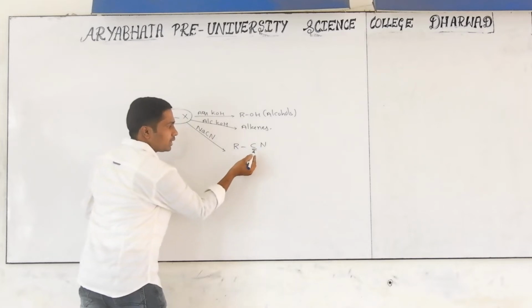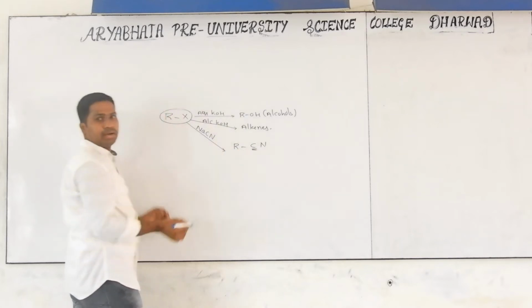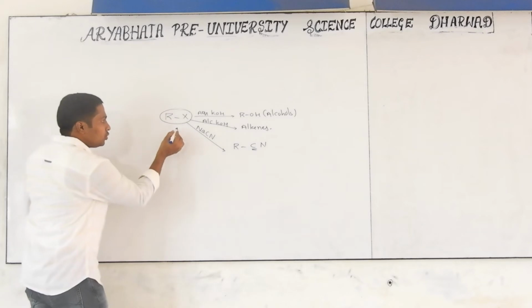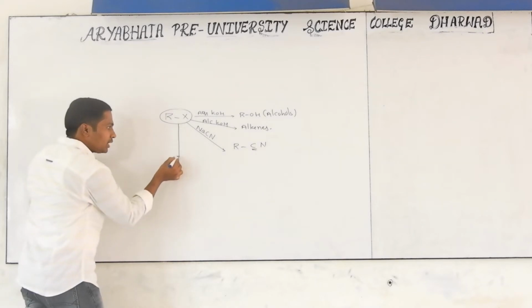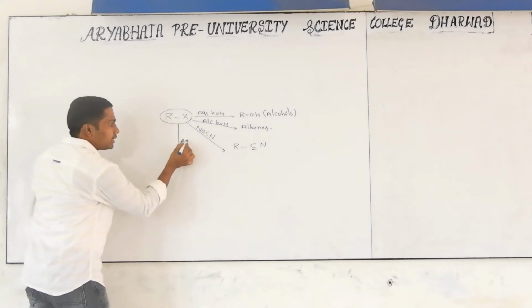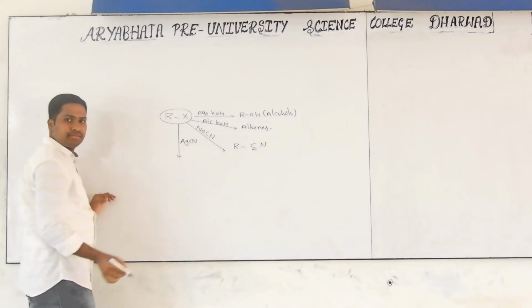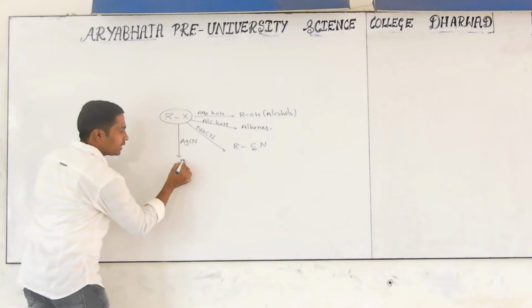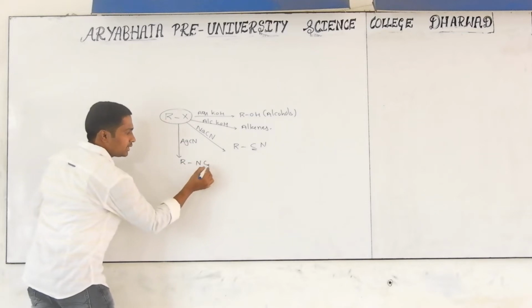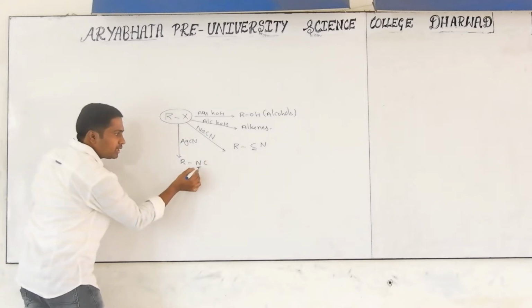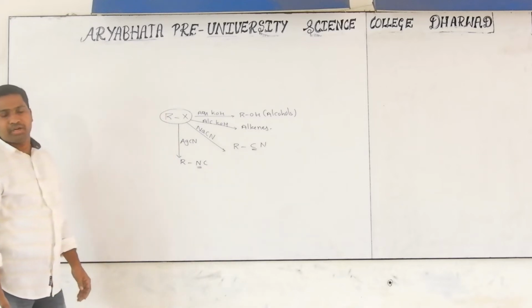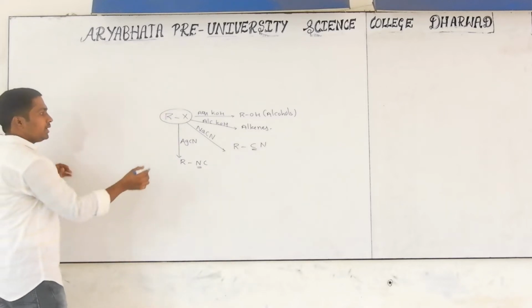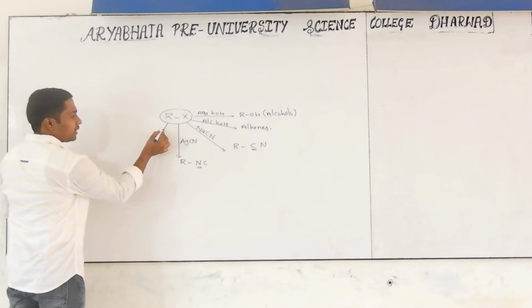Cyanides means the connection from CN is through carbon. Now take the same alkyl halide reacted with silver cyanide. The product will be reversed. Very good, we are getting isocyanides. We are getting CN only, but the connection is through which atom? The nitrogen atom of CN.